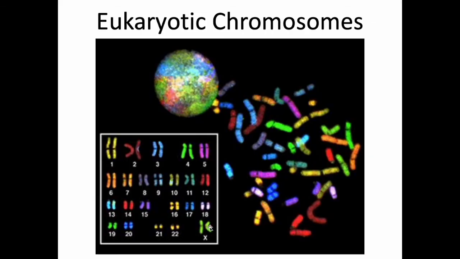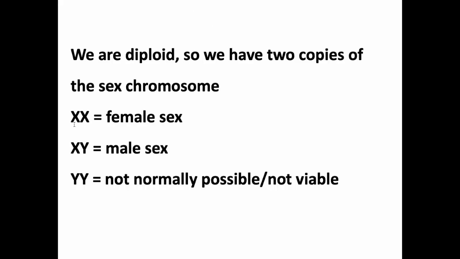We have 2 copies of each chromosome. So our possibilities here are an X chromosome and another X chromosome. The instructions here are going to lead to the development of female sex. If you have an X chromosome and a Y chromosome, the instructions here, especially on this Y, are going to change things, lead to the development of male sex.